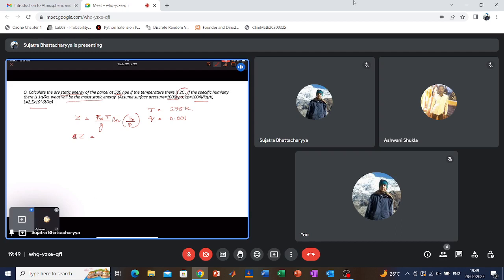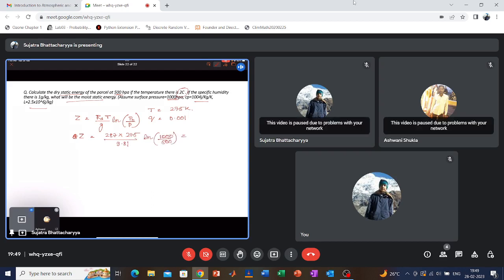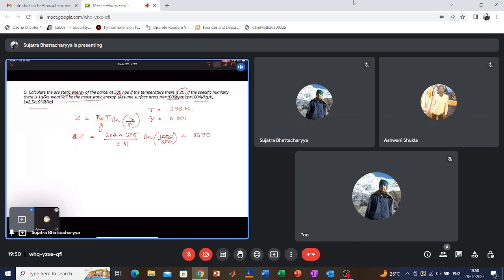So calculate the z or the delta z, whatever you say. So this will be 287 for dry atmosphere. T temperature is 275. Let's say for the entire column it's nearly approximately same, and divided by 9.81. Log of 1000 by 500, and that comes out to be nearly 54706.64 joules per kg.